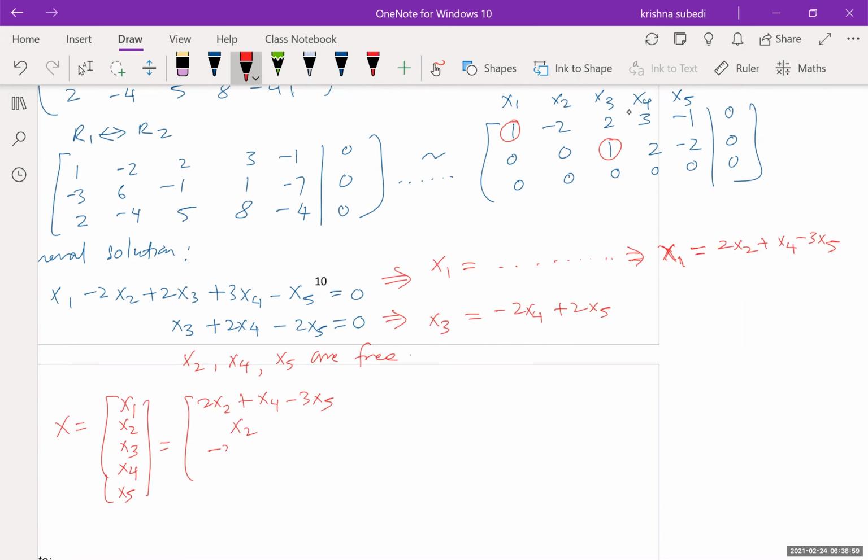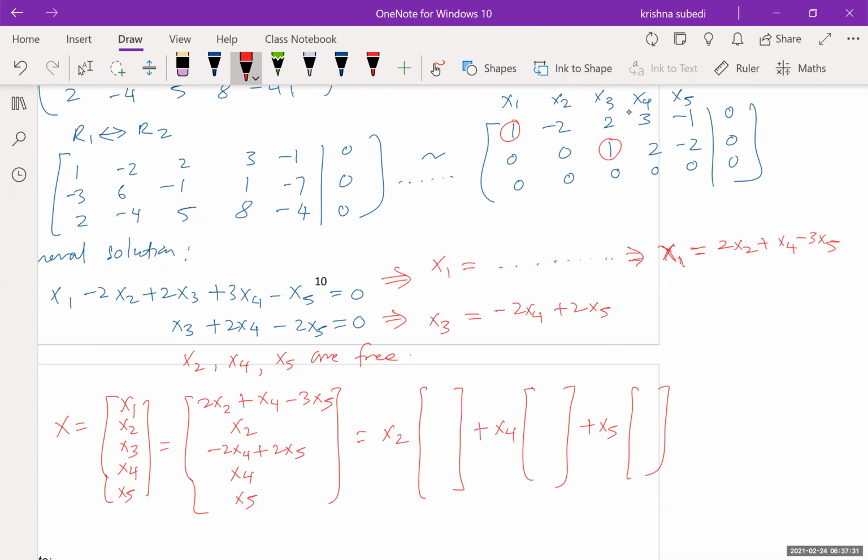X3 is negative 2x4 plus 2x5. And x4 is free, and x5 is also free. So that means now you can write it down as x2, and then you split them, plus x4, sorry, and then we have x5.